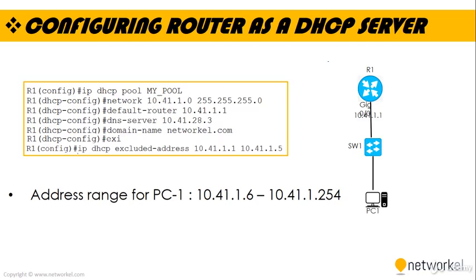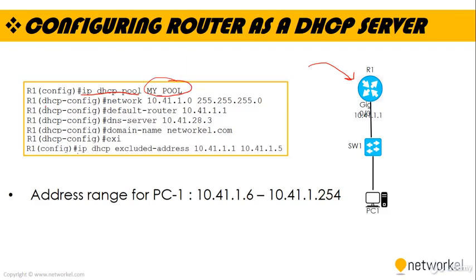To configure a router as a DHCP server, first we need to define an IP pool by typing ip dhcp pool and the name of the pool, which is MYPOOL for this example.